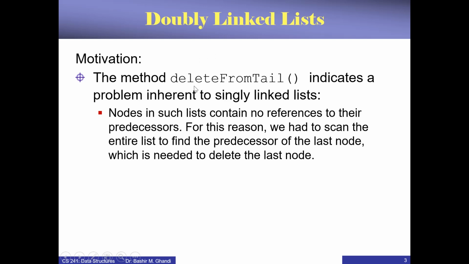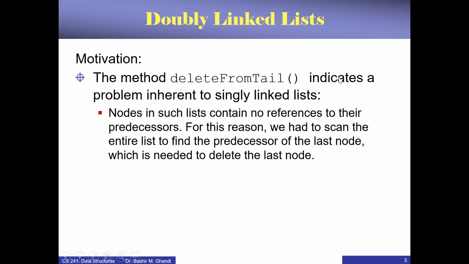Okay, and the main issue here is we don't have a reference to the previous node, because to delete the last node you need the reference to the node just before it. If we had a prev reference, then the last node, which we can access through the tail reference, can also tell us which node is the second last.